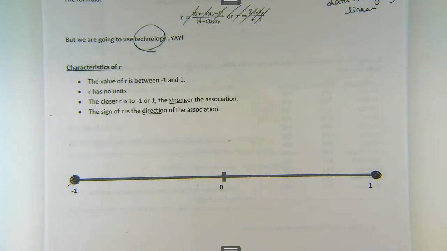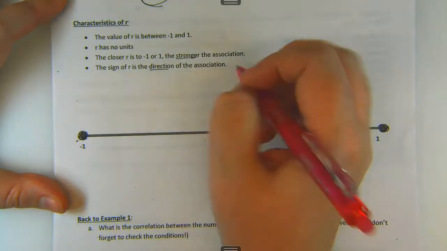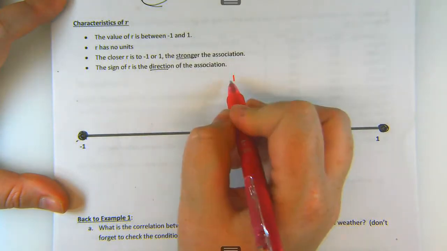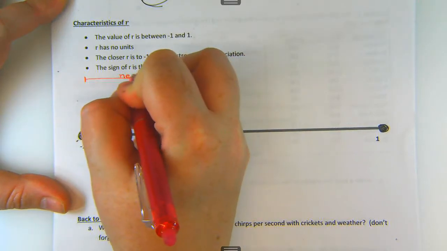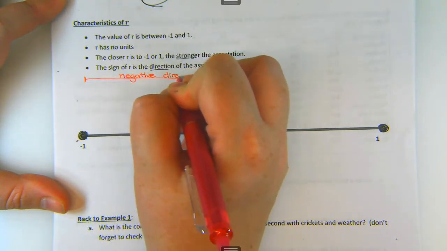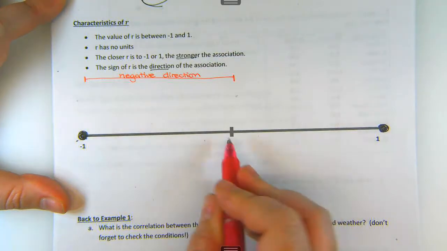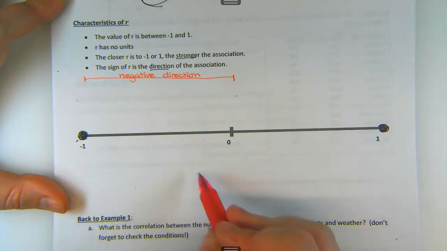So let's split up this number line and see how these scatter plots are going to work. So between 0 and -1, this is where we'll have a negative direction. So if we land in this region with R, we are going to have a decreasing trend for those graphs.